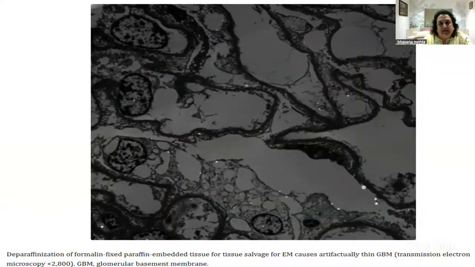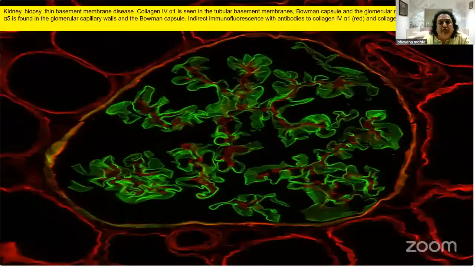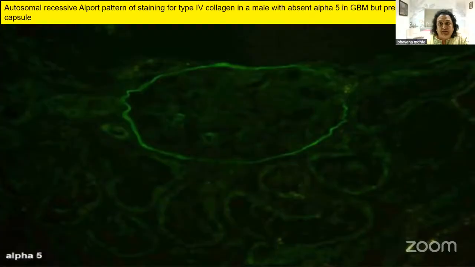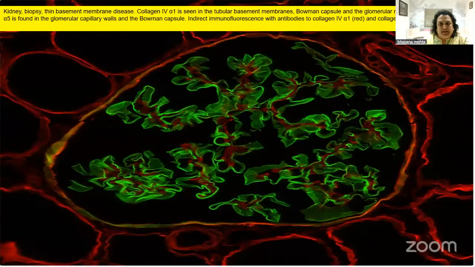On electron microscopy, what do we see? We have to be very careful: if we are looking for any abnormality of the capillary basement membrane on electron microscopy, then a paraffin block is not the right tissue or sample for detecting the basement membrane status.